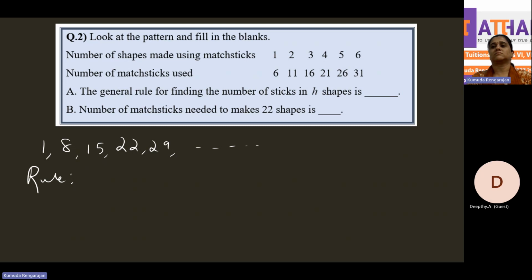After that 18, it went to a smaller pattern and a larger one. So how will you find that rule? We can find the rule for everything. Either it will be 6n, or 6n plus something or minus something, or it will be like n square, n cubed, n to the power 4 like that.